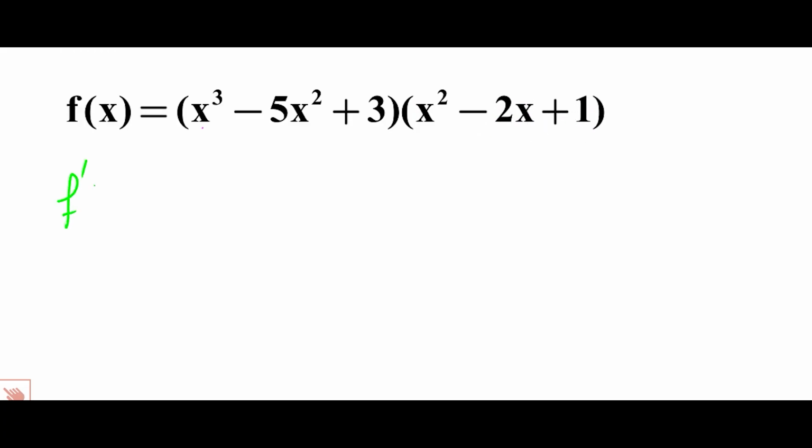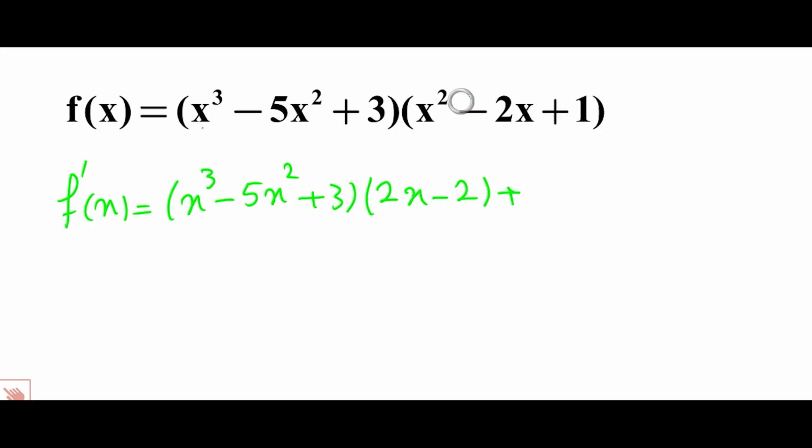So f prime of x is equal to the first function as is, x cubed minus 5x squared plus 3, times the derivative of the second function, which is 2x minus 2, plus the second function as is, x squared minus 2x plus 1, times the derivative of the first function, which is 3x squared minus 10x.